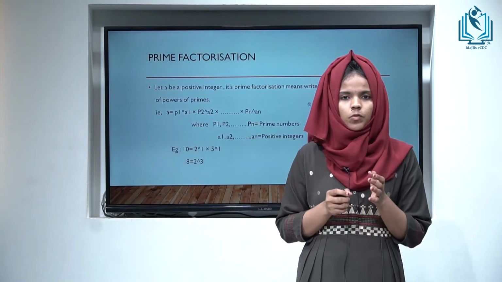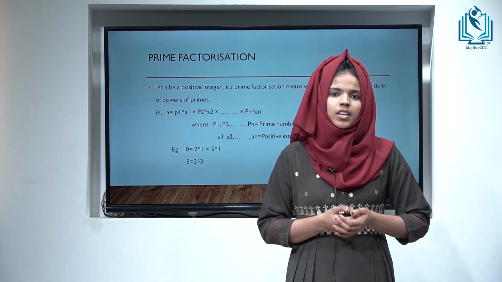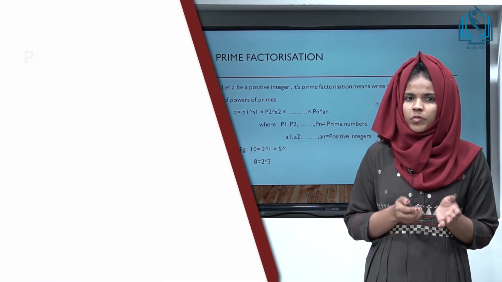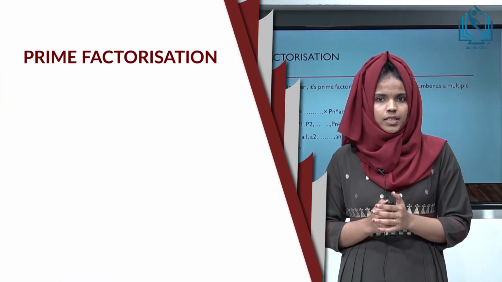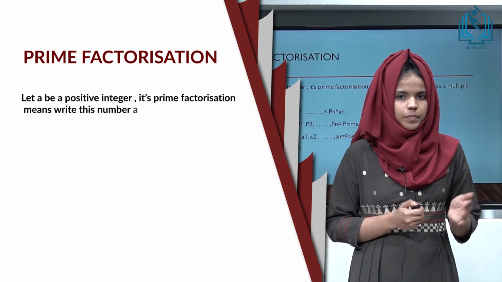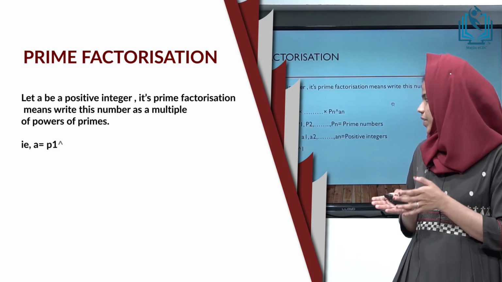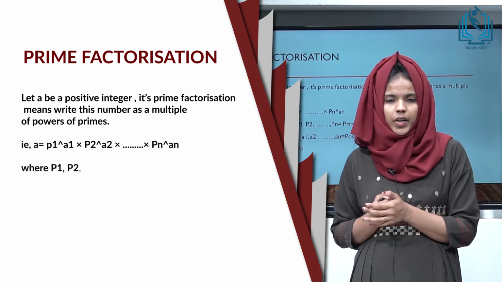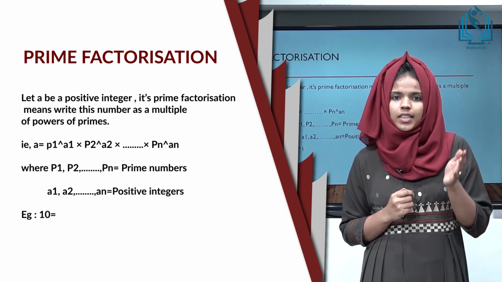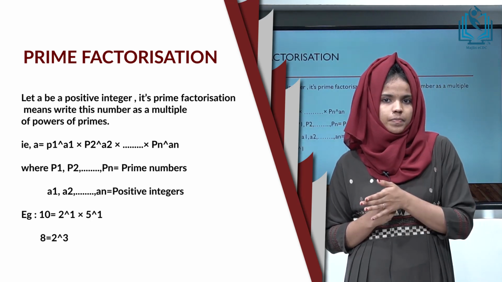For this method, we want to know prime factorization, which we have also already studied in our lower classes. Prime factorization of a number means writing this number as a product of powers of primes. For example, 10. 10 is equal to 2 into 5. Here 2 and 5 are primes. So we can write 10 as a product of primes.